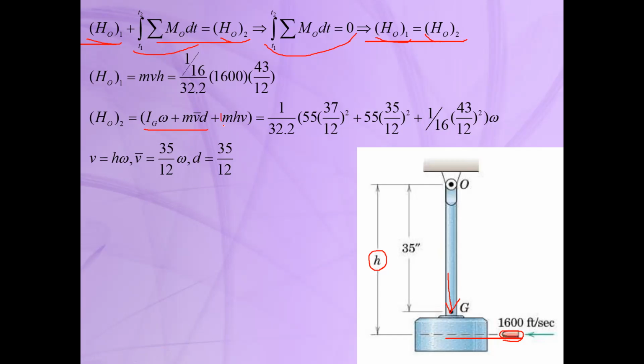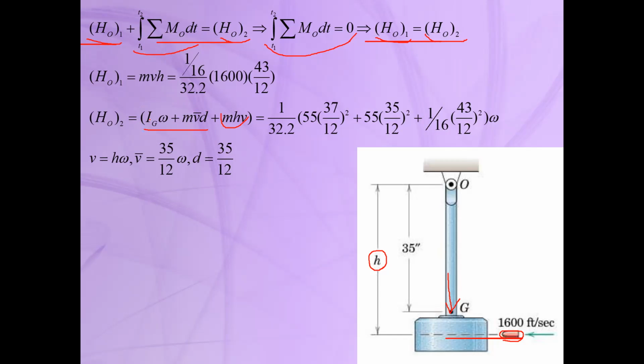So this term mhv is the angular momentum due to the motion of the bullet. So we will have Ig omega plus m v bar d. This is in fact the angular momentum of a rigid body about a fixed point of rotation.